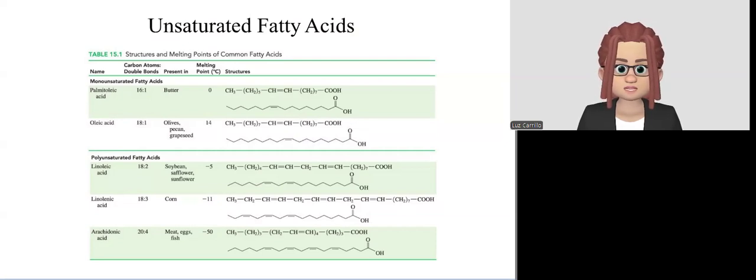But again, when it comes to these structures, it's important that you know the name, number of carbons and double bonds, and the structure. You may choose to learn the condensed or the skeletal.